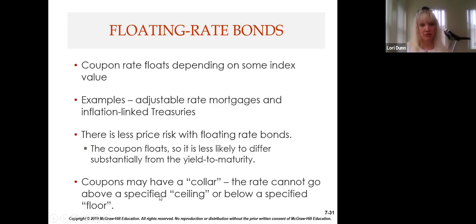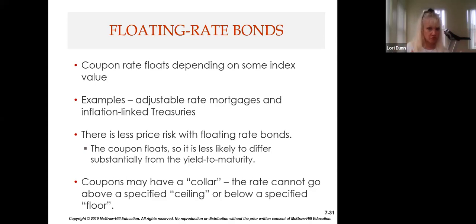Now, there may be what's called a collar. That means the interest rate can never go above a certain amount on these floating rate bonds or below a certain amount. So they have what's called a ceiling and a floor. The rate adjusts dependent on some type of index value.